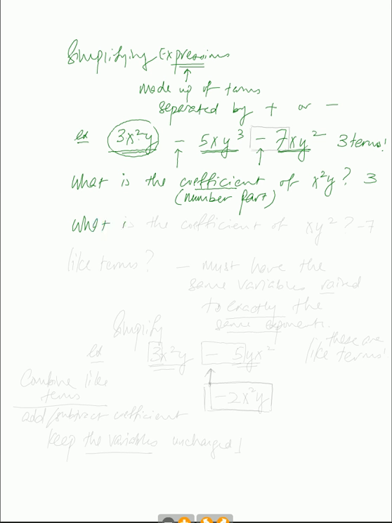Now if I want to ask you for the second term, I would say what is the coefficient of... let's not try the second term, let's try the third one. xy squared. So what is the coefficient of xy squared? When you look at xy squared, at one glance it looks like it's the first term, but look carefully, we want 1x and 2 y's. So we are now referring to the third one.